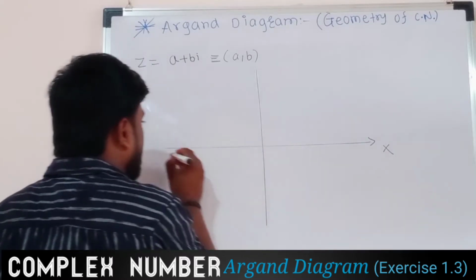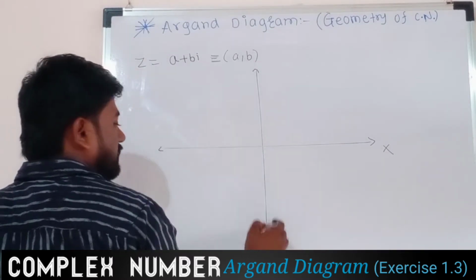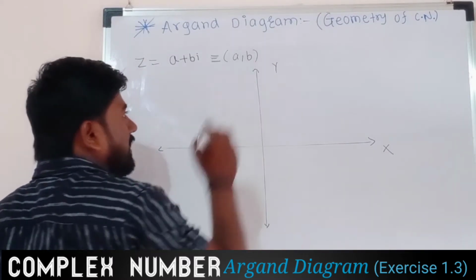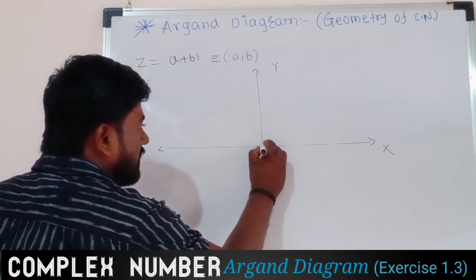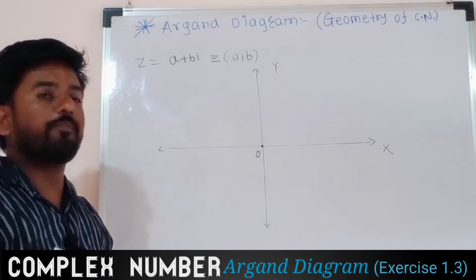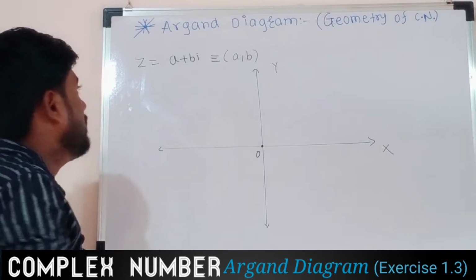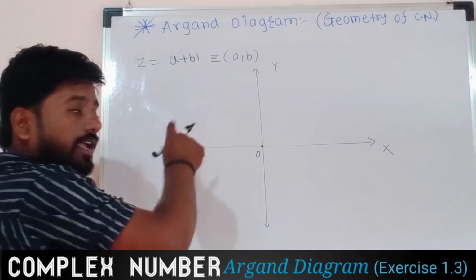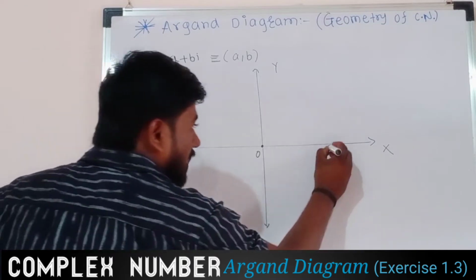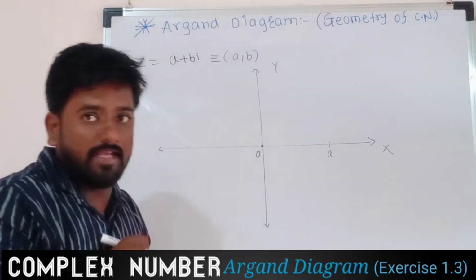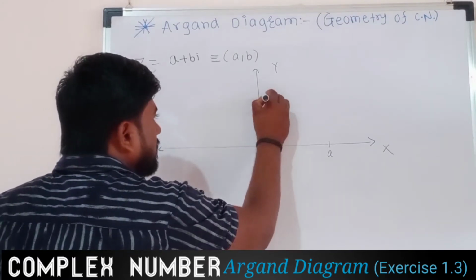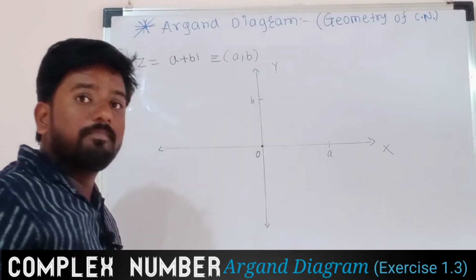Suppose this is the x axis and this is the y axis, and here is the origin O. For a comma b, a is represented on the x axis, suppose my a is here, and b on the y axis, suppose my b is here.